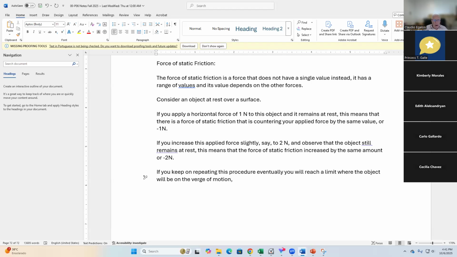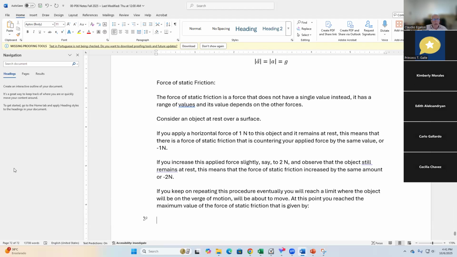Will be about to move. At this point, you reached the maximum value of the force of static friction that is given by, let's write it down here.